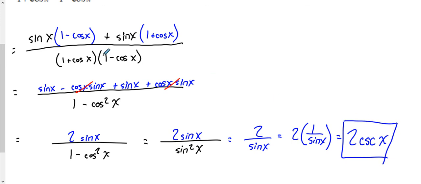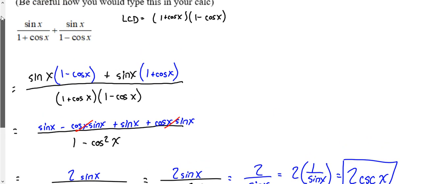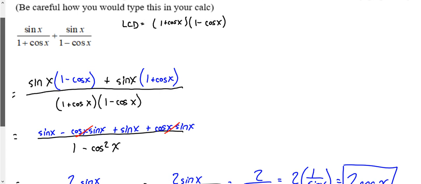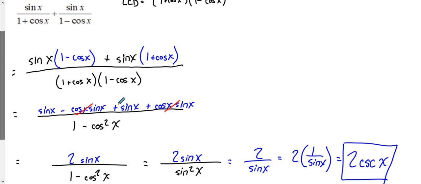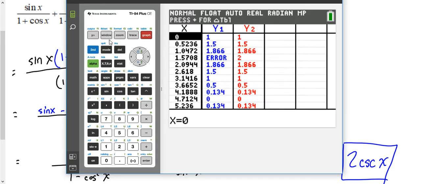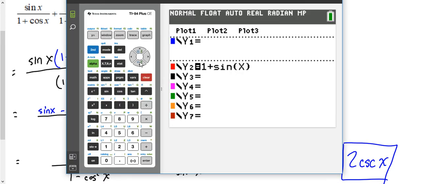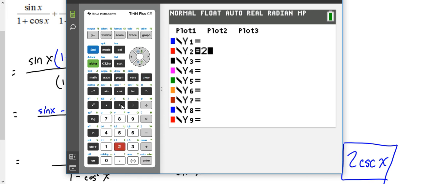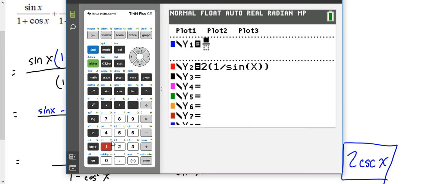We should check this on a graphing calculator, and it did say be careful with how you type this in on your calculator. Be very, very careful. So I'm going to go y1, y2. In my y2 right away, I have 1 over sine x. In my y1, I'm going to use my fraction function.